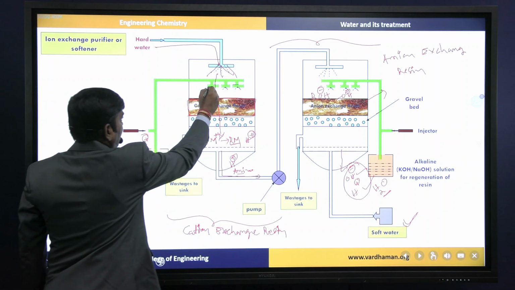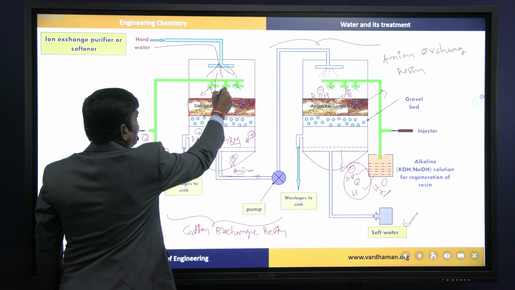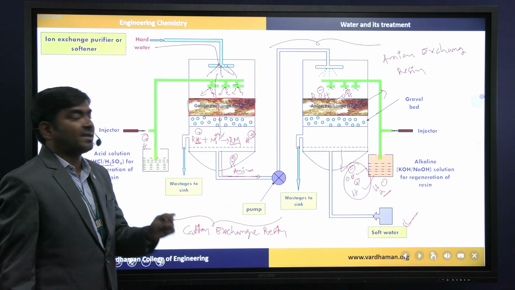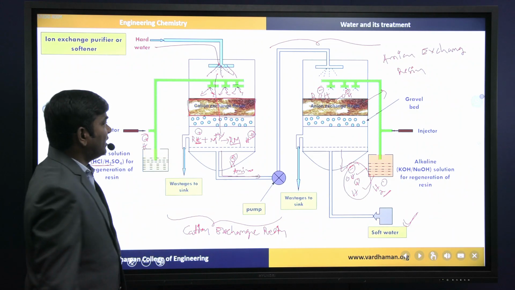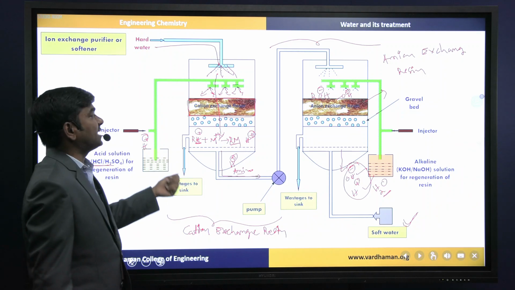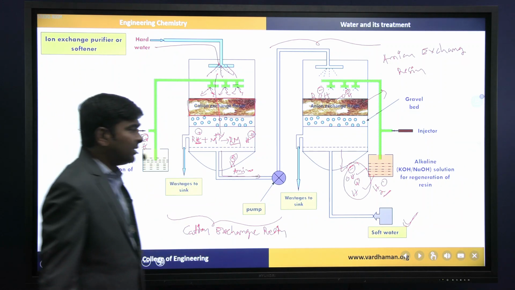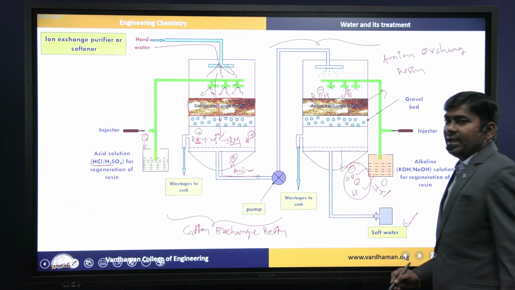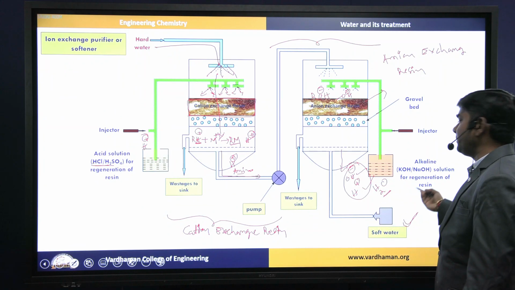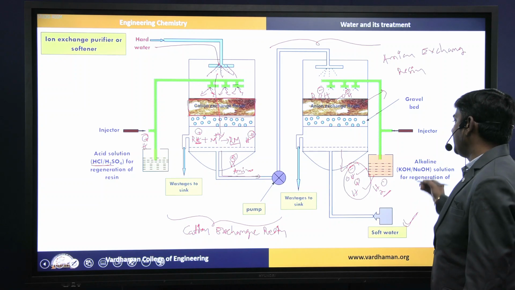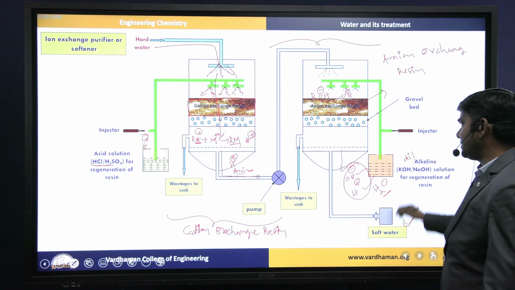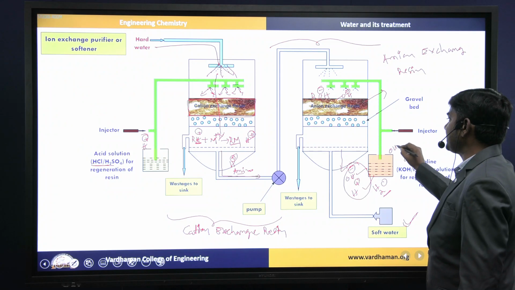Take dilute HCl or dilute sulfuric acid, which will provide a number of H plus ions. Spray that dilute acid on the used cation exchange resin bed, so that the bed is regenerated and ready to use again. On this side, use again simple, cheap chemicals: dilute potassium hydroxide and dilute sodium hydroxide, which produce OH minus ions.